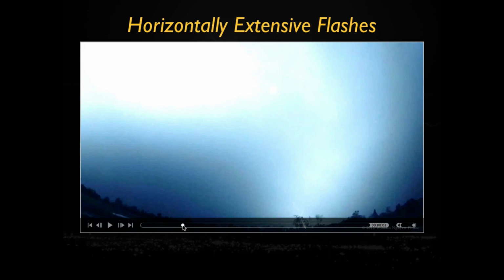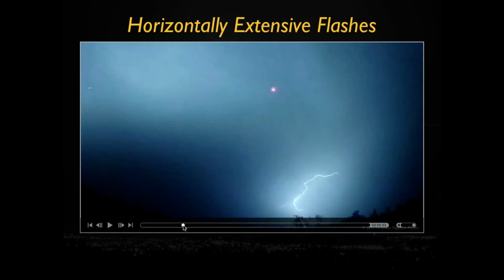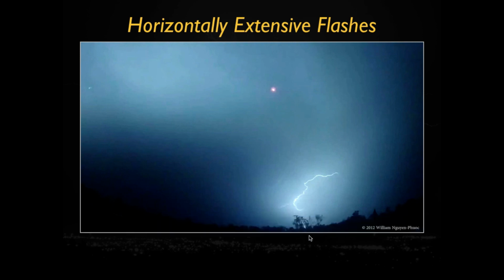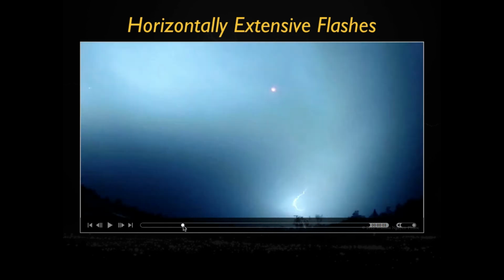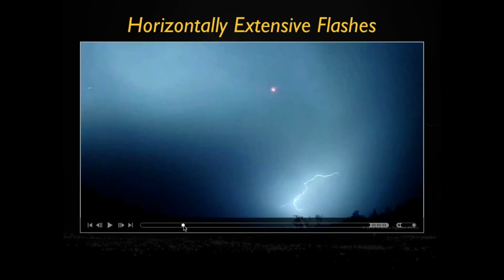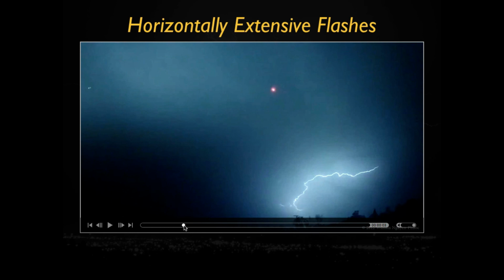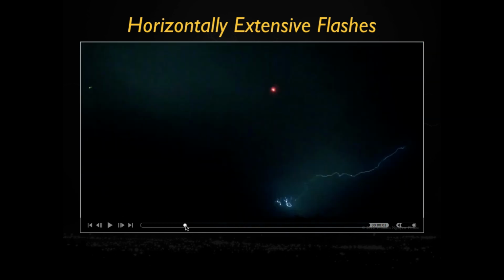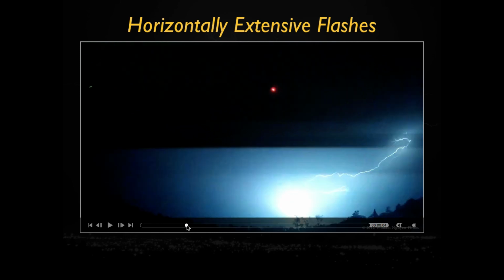We don't see any leaders associated with it below cloud base, and that is presumably the negative leader development that follows the positive CG return stroke. And there actually is a channel that's visible, the return stroke channel that's visible right here, associated with a likely positive CG return stroke. So we get a positive CG with return stroke, extensive negative leader development, and then we start seeing the positive leader development that trails behind.